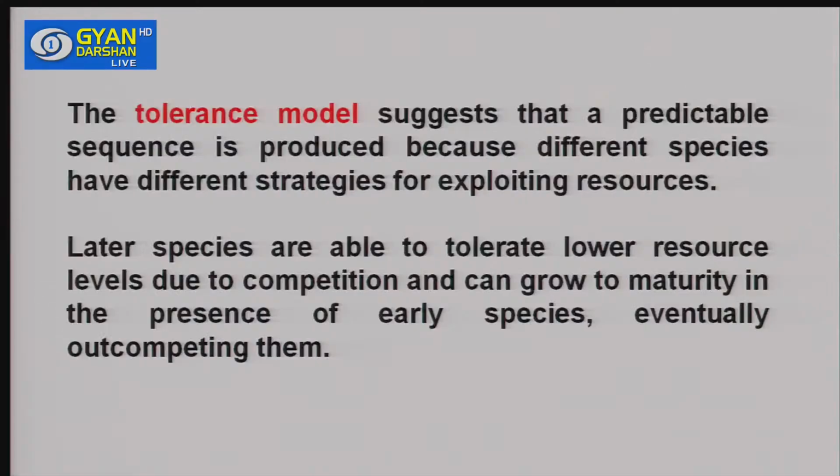So the later species are able to tolerate lower resource levels due to competition and can grow to maturity in the presence of early species, eventually outcompeting them. So what does the tolerance model say?